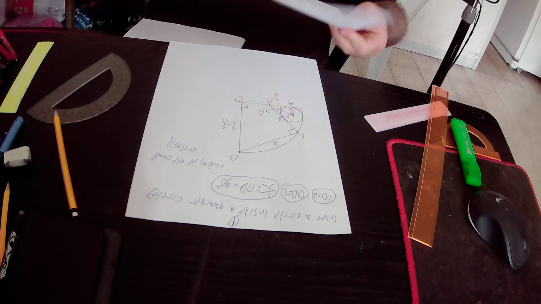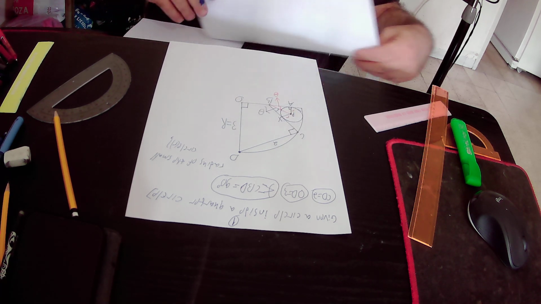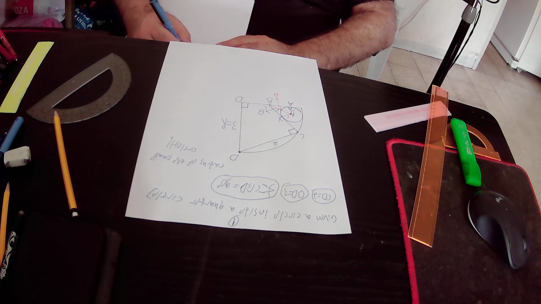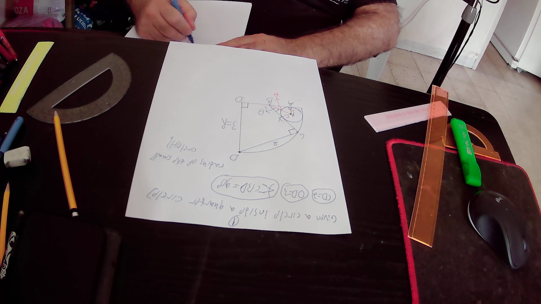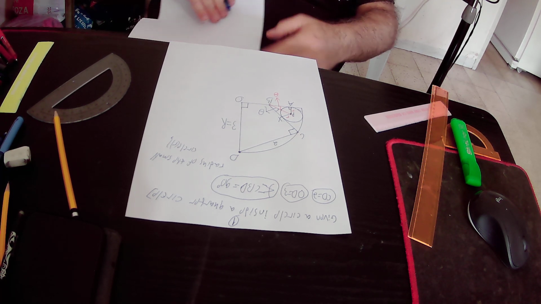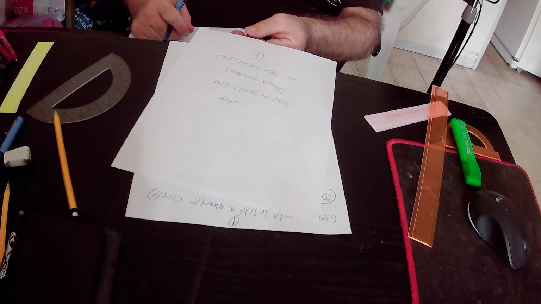Okay, angle APB equals angle PBX, and both those angles are equal to theta according to the rule that corresponding angles in congruent triangles are equal to each other.